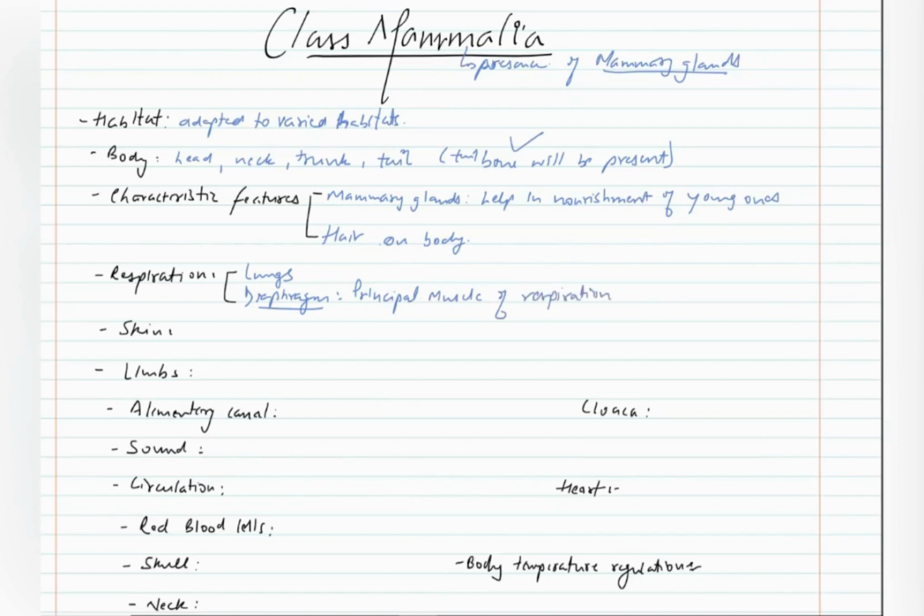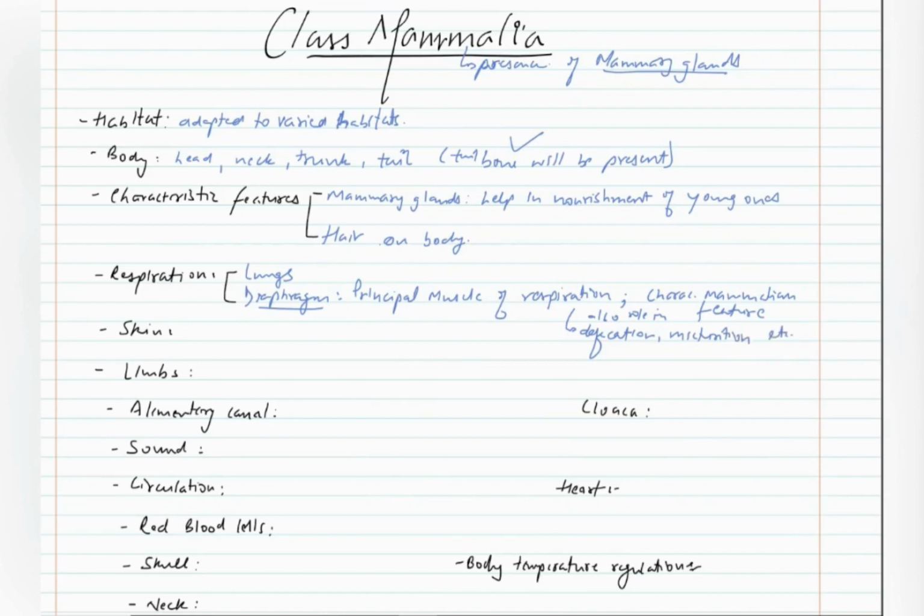It is also a characteristic mammalian feature. Diaphragm is not seen in any other animals. Apart from helping in respiration, it also helps in defecation, micturition, etc.